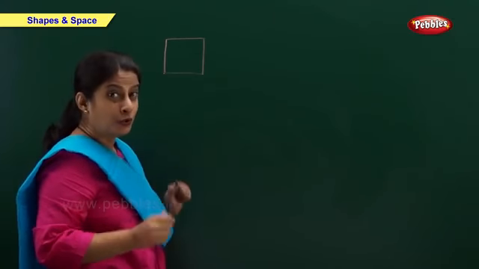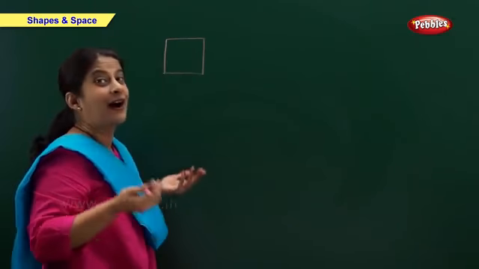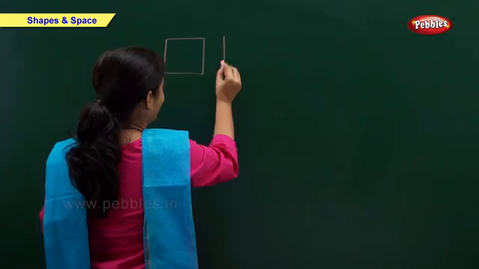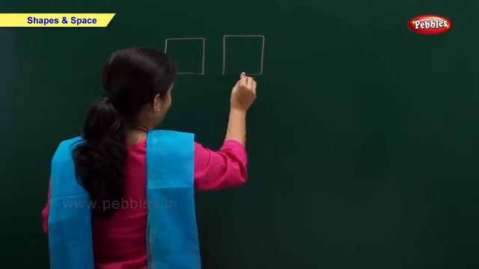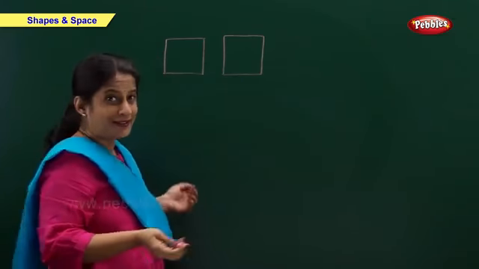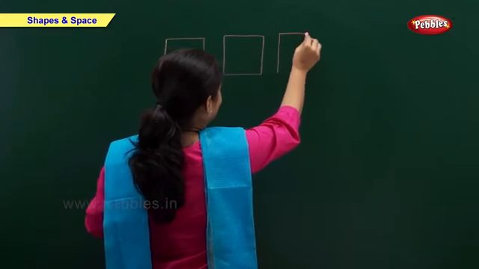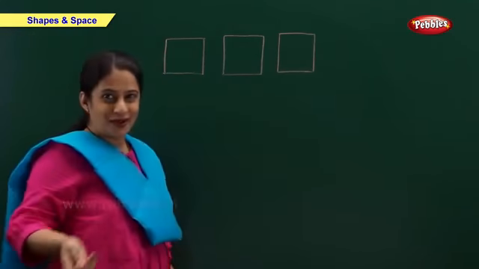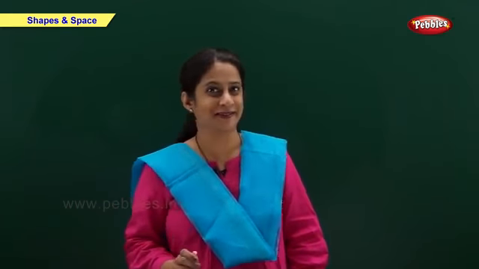Square. You know friends, all the 4 sides of the square are equal. Square. Square. Now let's draw a rectangle.